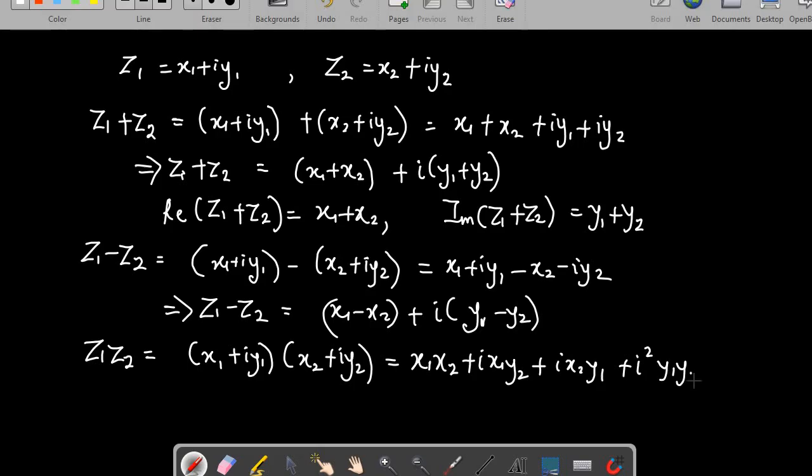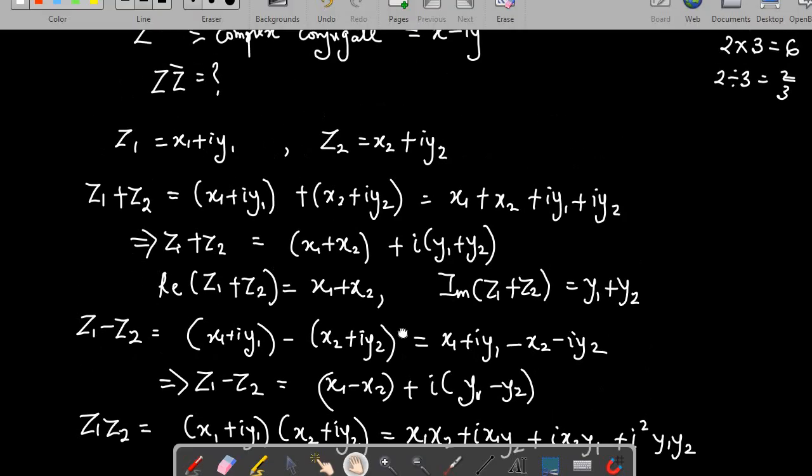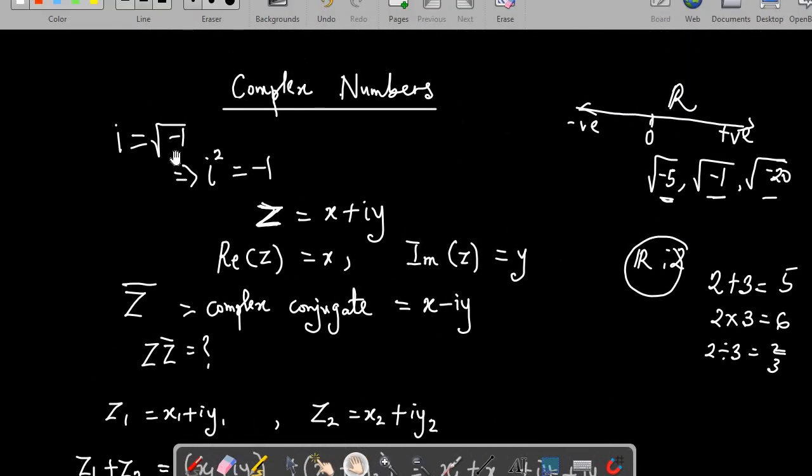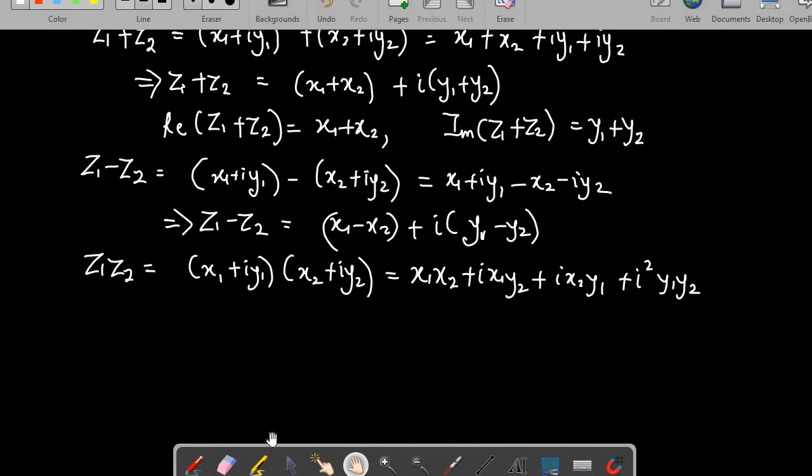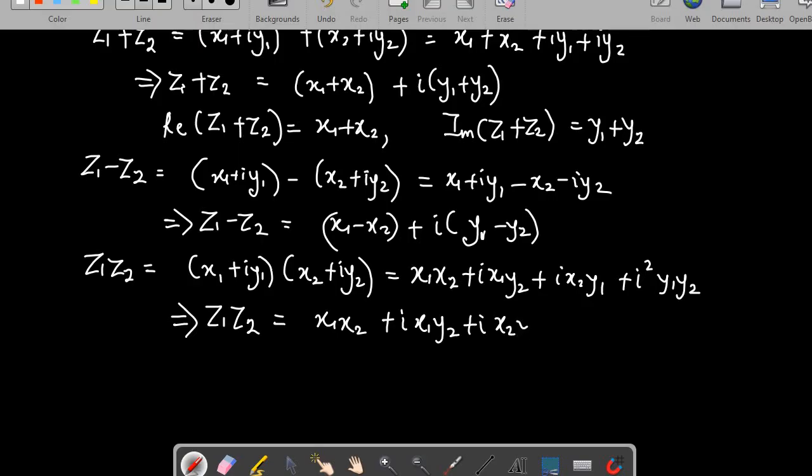Do not forget what I said about i squared. We said that i is the square root of -1, which means that i squared is -1. So do not forget that. Okay, so what do we then have? This implies that z1 z2 equals x1 x2 plus i x1 y2 plus i x2 y1.